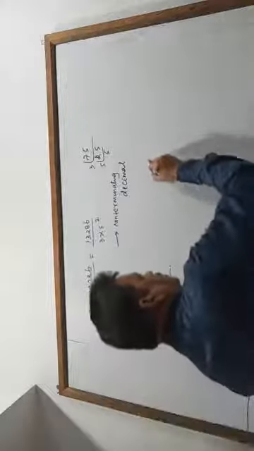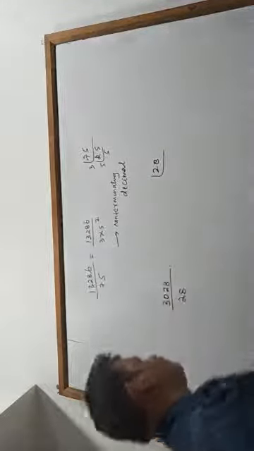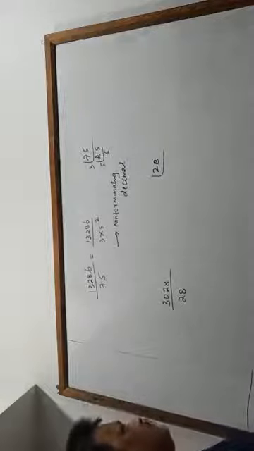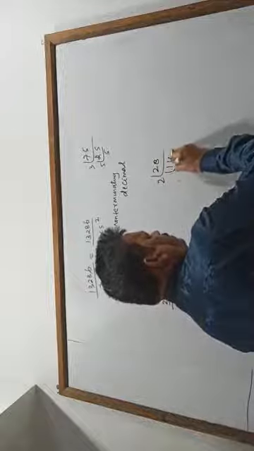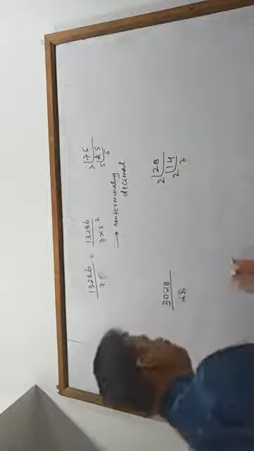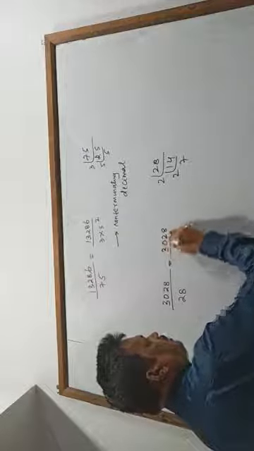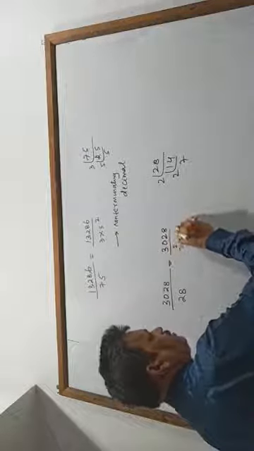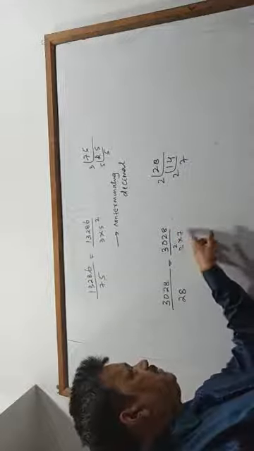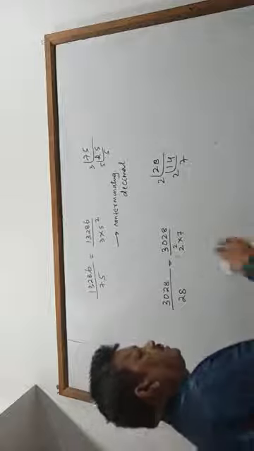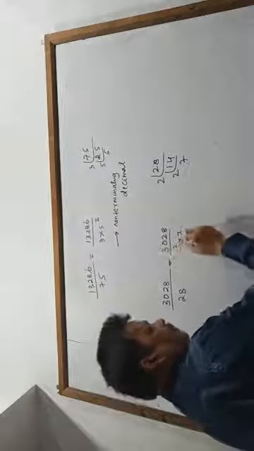So 28 factors, 3028 by 2 square into 7. So 7 has come out. Then that is why this will be non-terminating. So either it should be only 2 or 5. No other number. So non-terminating.